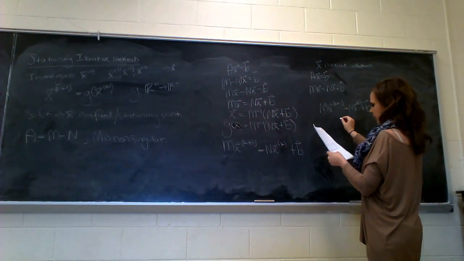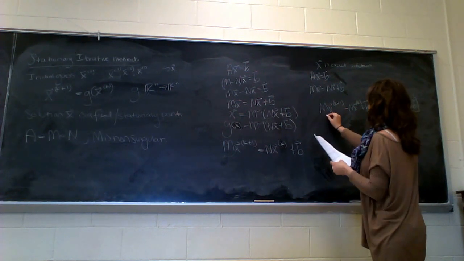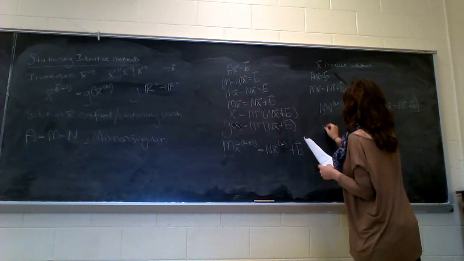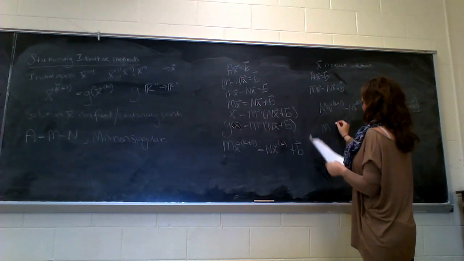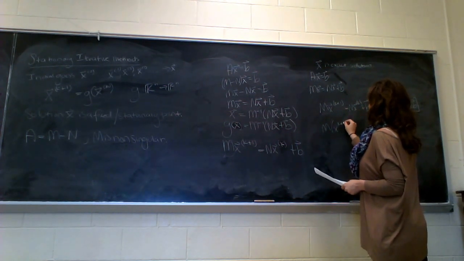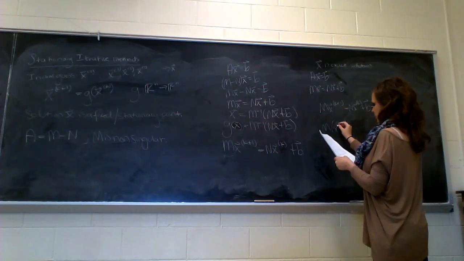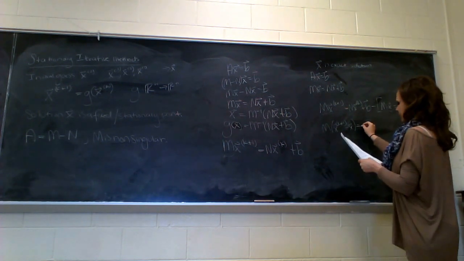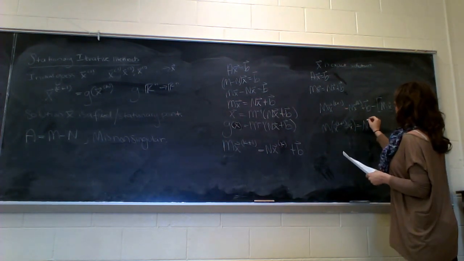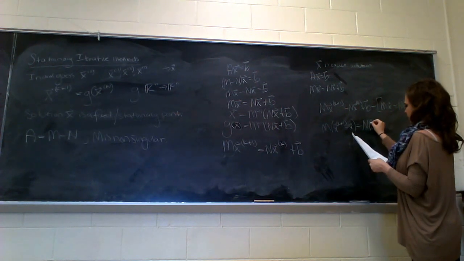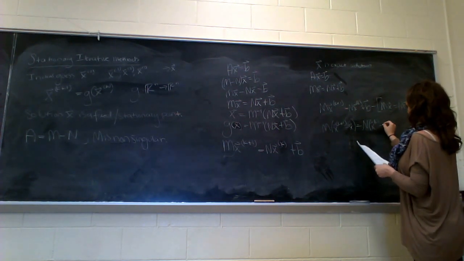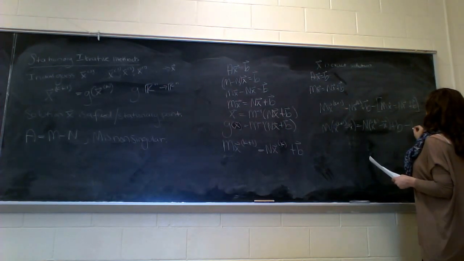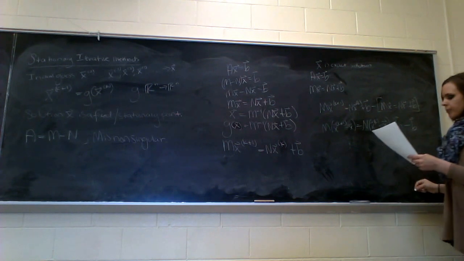Okay, so when I subtract all of this, I'm going to get this minus this. So we'll have M (x_{k+1} minus x) is equal to N (x_k minus x), and then we'll have plus b and minus b from there.